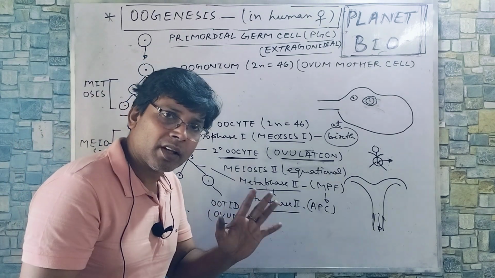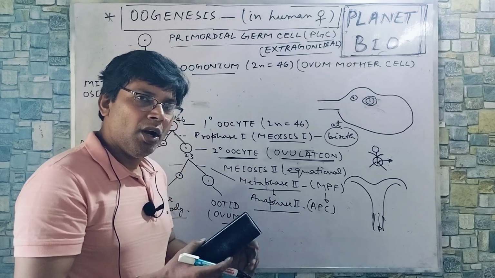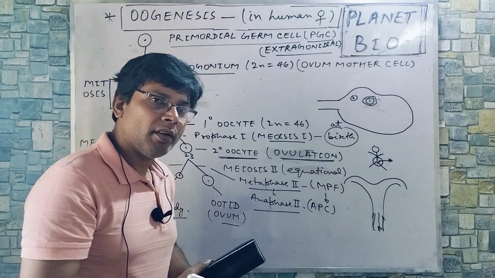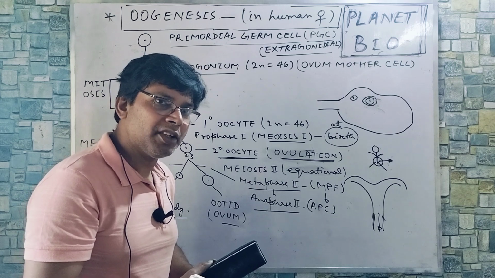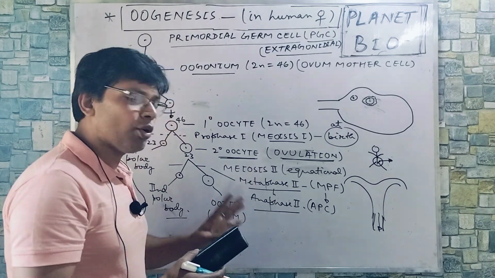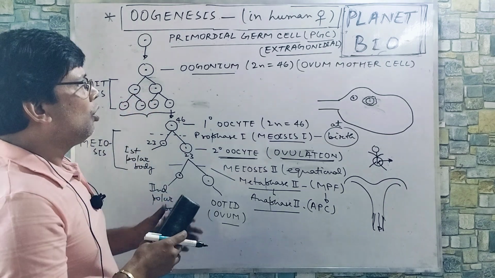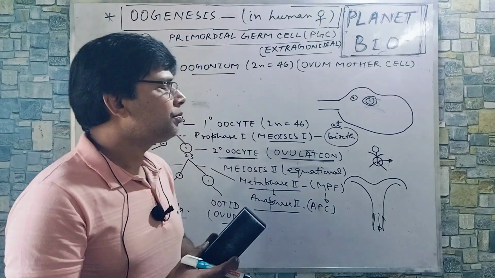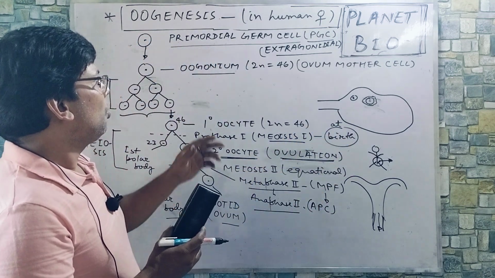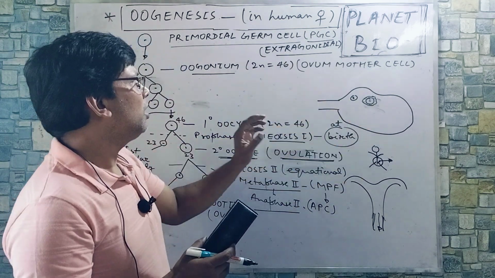It does not further undergo differentiation, as you see in spermatogenesis, where one spermatid undergoes differentiation to form a spermatozoon. That differentiation phase is lacking here. This ootid is called ovum. First point, oogenesis in human female occurs in the fetal ovary. Second point, primordial germ cells are present outside the ovary.